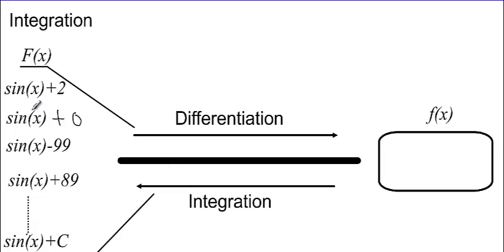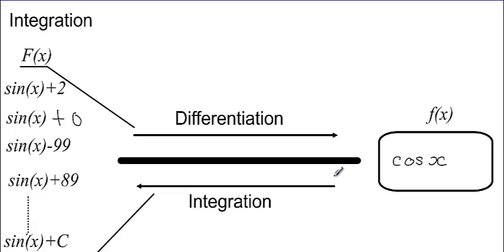Then finally, derivative of all this family. Did you hear what I said? I said the derivative of all this family with infinite members. I think your family has got a finite number of people, isn't it? This one is a family with infinite members. They all differentiate to cosine x.